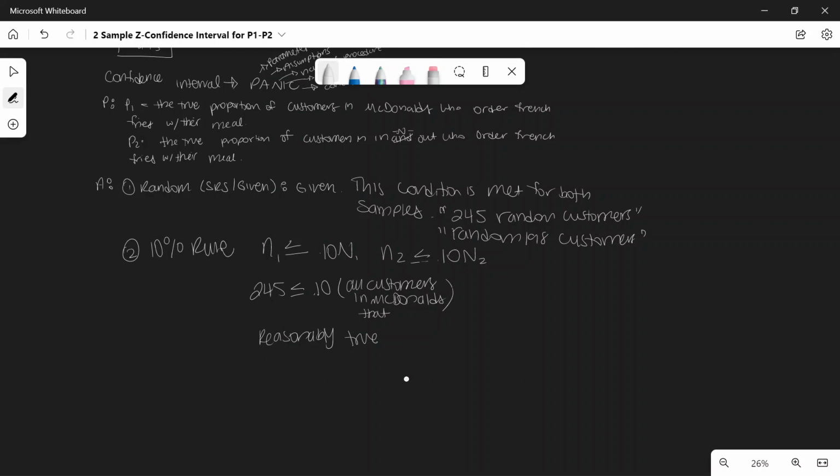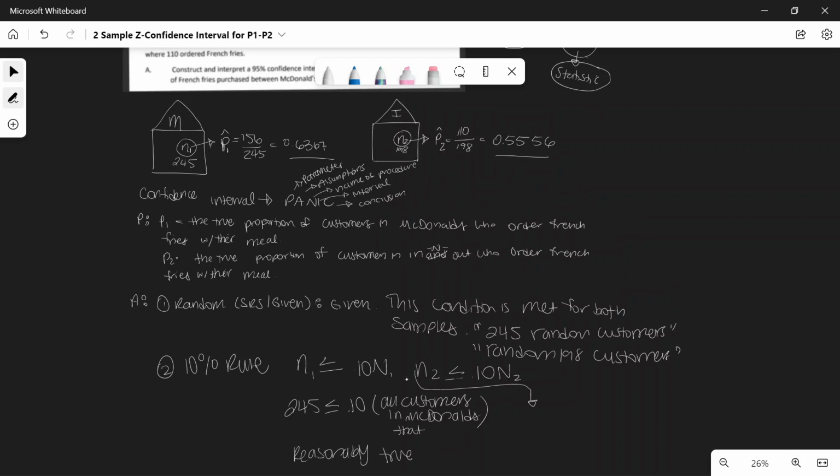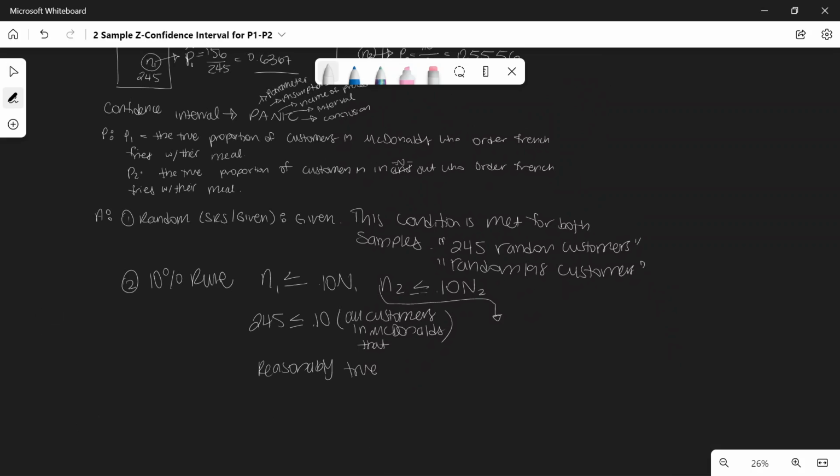And then the second condition, this one over here, is, what was the sample size? What was it, 198? Yeah. So 198 is less than or equal to 0.10 of all customers. Is it all customers who ordered fries?